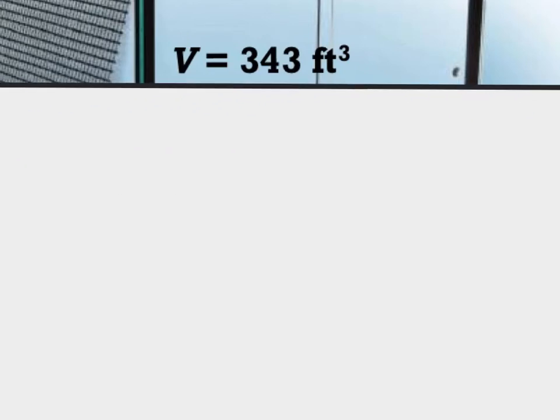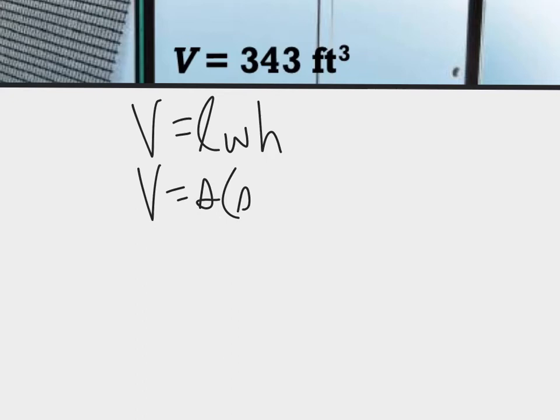Since it's a cube-shaped terrarium, first of all, it's a rectangular prism. So to find the volume, we do length times width times height. And then it just happens that the length, the width, and the height are all the same since it's a cube. So s times s times s, that's the same as s cubed.